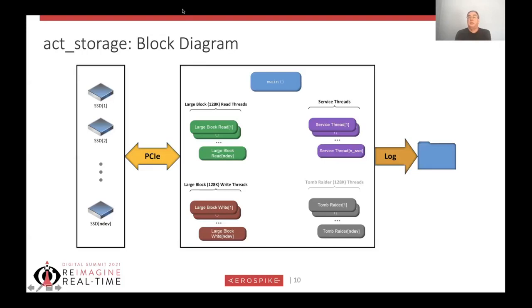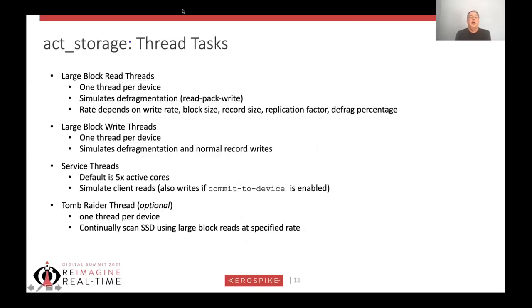I'm going to skip Tomb Raider, talking about that. It is included here for completeness. And real briefly, the large block reads, they're actually simulating multiple server activities that use large blocks.